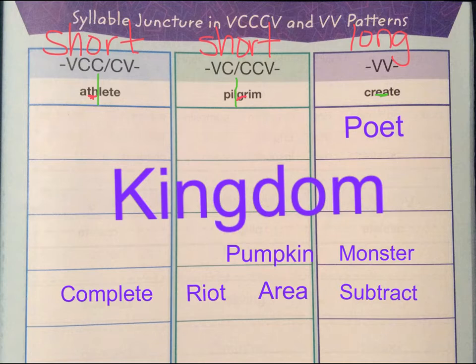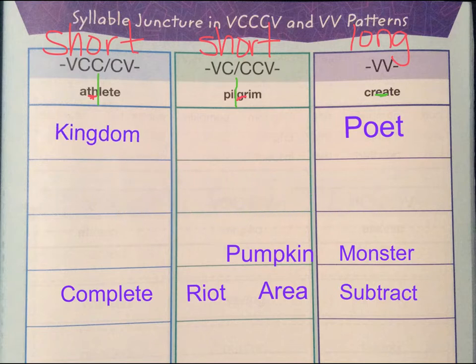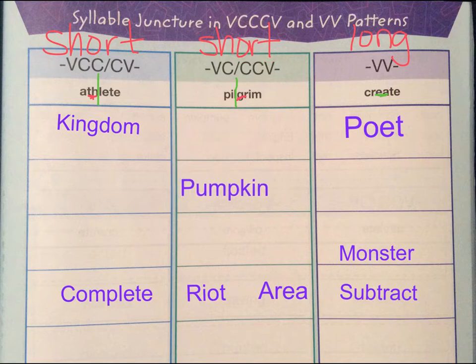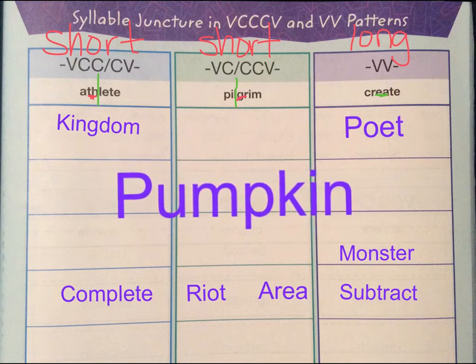So that tells us that kingdom is going to go in our first column. Kingdom goes here.